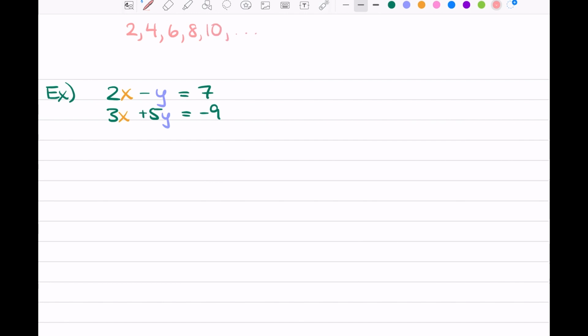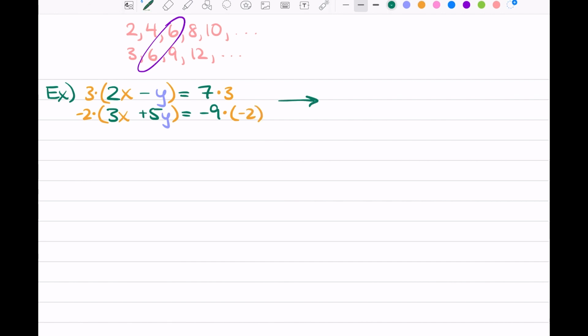Listing out the multiples of 3, we have 3, 6, 9, 12, and so on. As you can see, 2 and 3 have a common multiple of 6. So let's see how that helps us. So I'm going to multiply the top equation by 3 on both sides, and our bottom equation by negative 2.